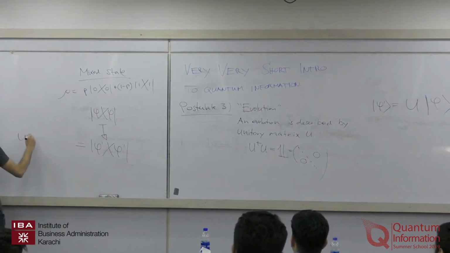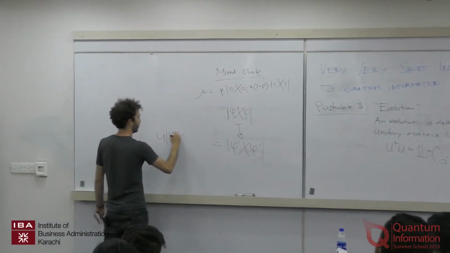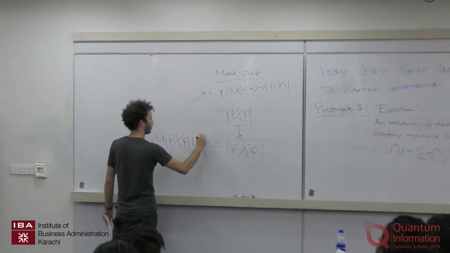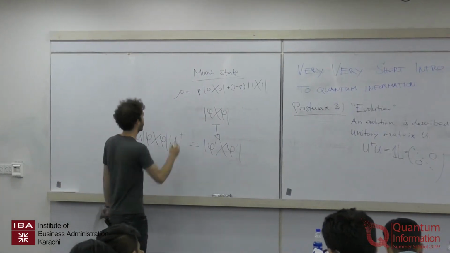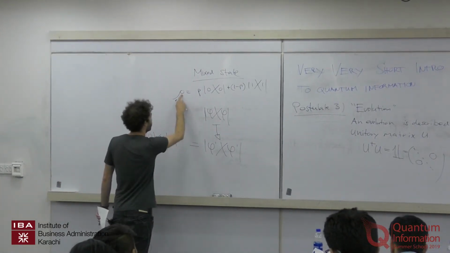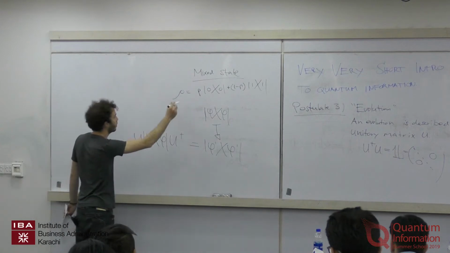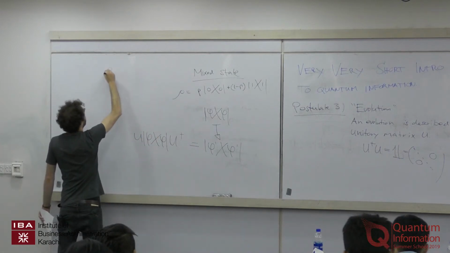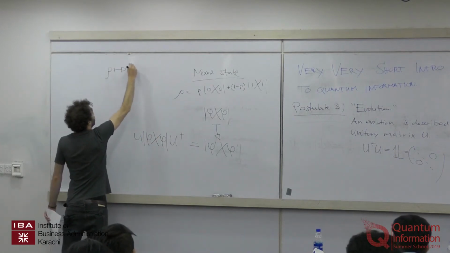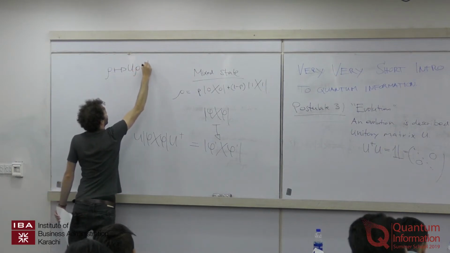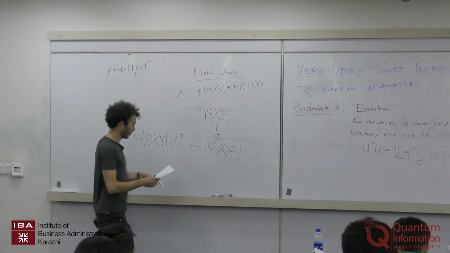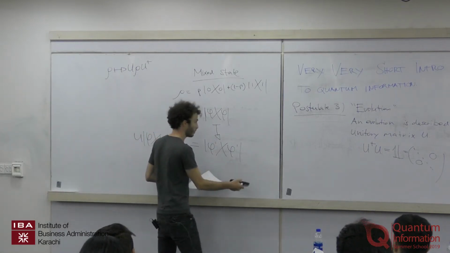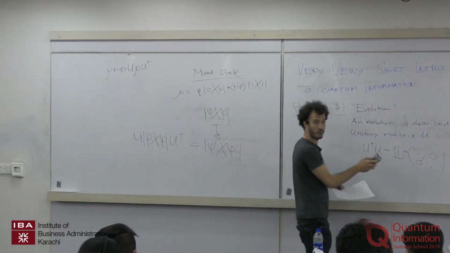We just apply U on both sides. So if you have a mixed state rho, and we evolve it unitarily with the unitary U, then rho is mapped to U rho U dagger. Okay.